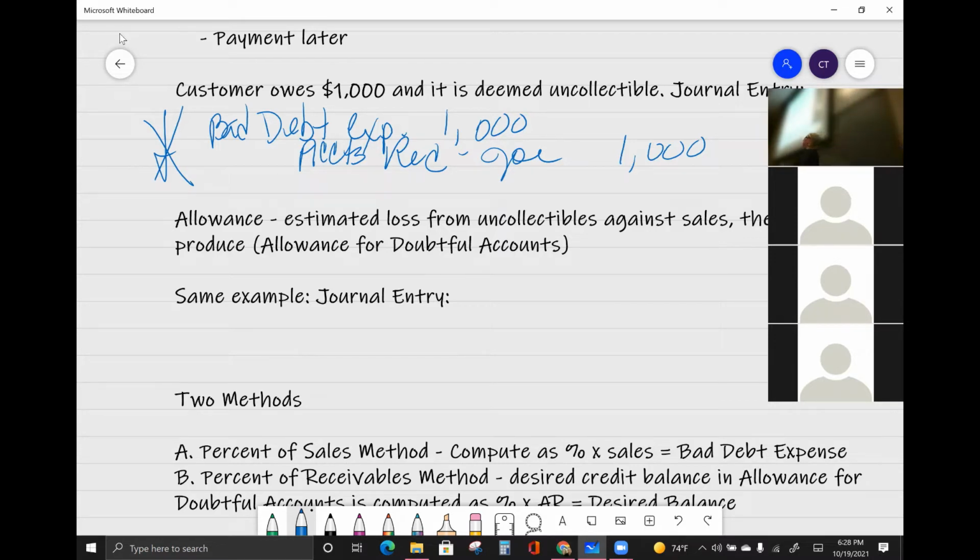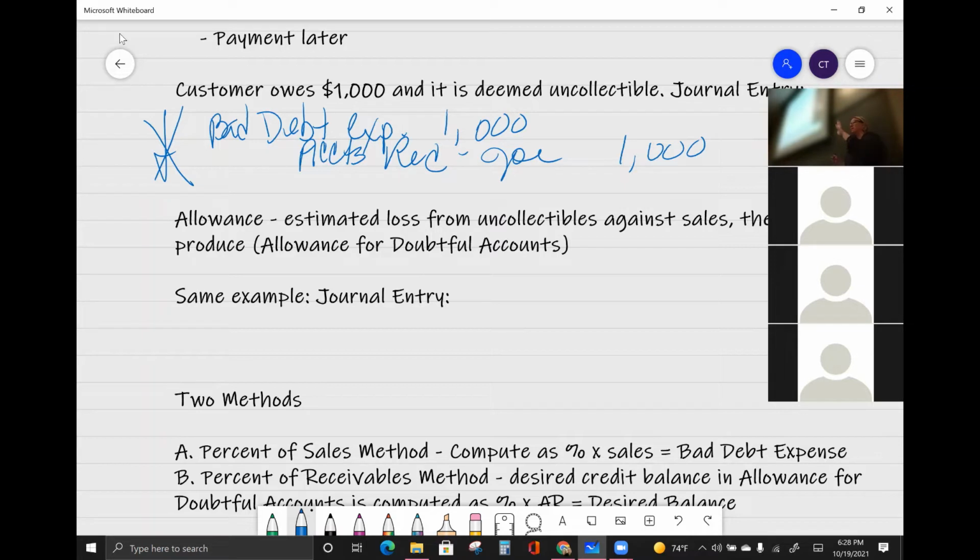Okay, so remember we were saying that this is an estimate that we set up once a year normally, and we set up an allowance for doubtful accounts. So the money is just kind of sitting there until I'm ready to write off. So if I'm not doing the direct method, I'm doing the allowance method. I normally would debit bad debt expense, but if I'm doing the allowance method, what do you think I'm debiting?